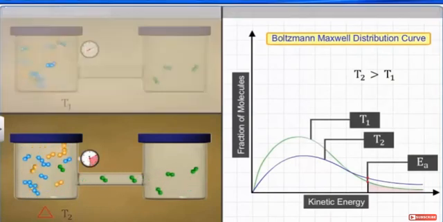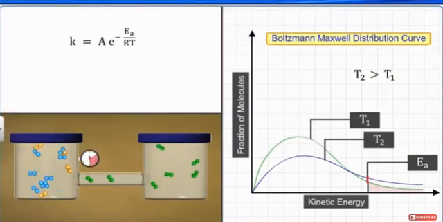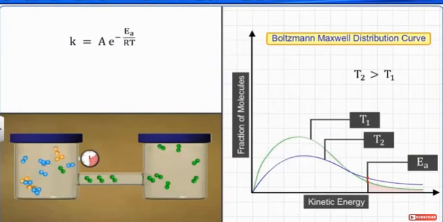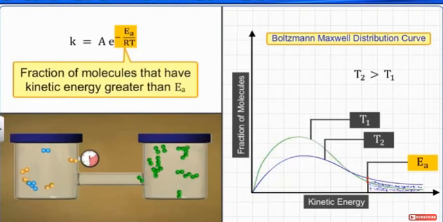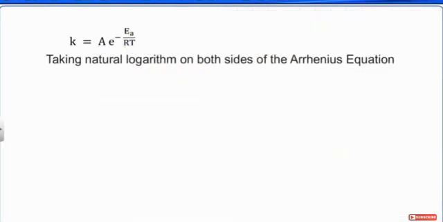In the Arrhenius equation, the factor e to the power minus Ea by RT corresponds to the fraction of molecules that have kinetic energy greater than Ea. Taking natural logarithm on both the sides of the Arrhenius equation, we get log to the base e of k is equal to minus Ea by RT plus log to the base e of A. Let this be equation 1.